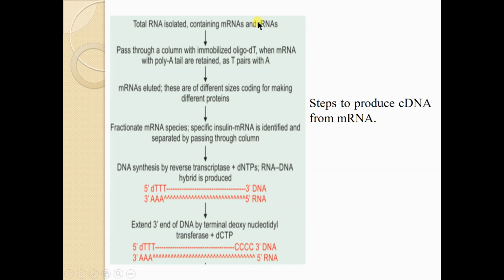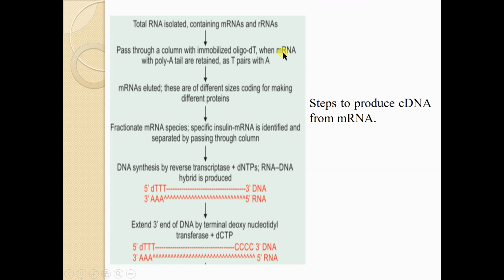Of the mRNA and rRNA passed through the column, only mRNA will bind to it, but rRNA cannot bind because rRNA doesn't contain a poly A tail at the 3' end.